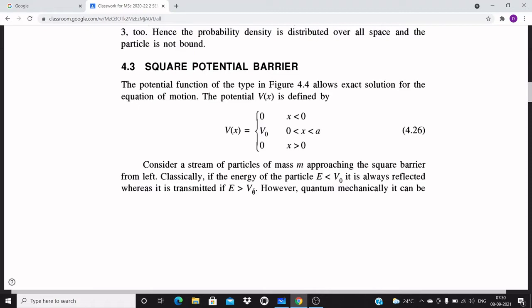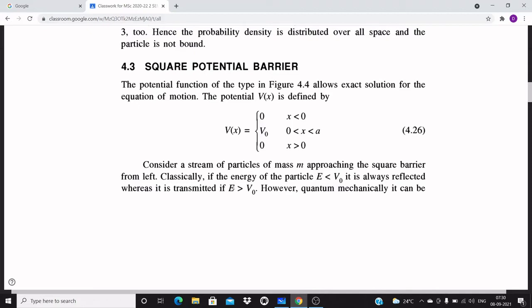If the particle has energy less than V0, classically there is no possibility of getting transmitted to region 3 by penetrating through region 2.